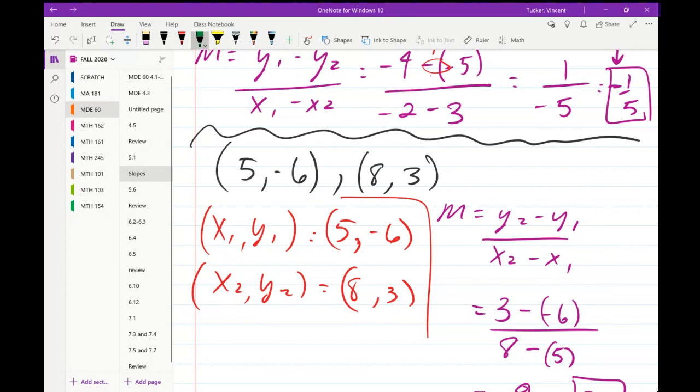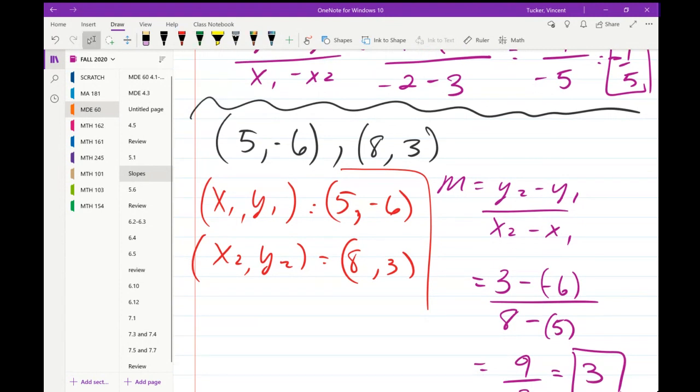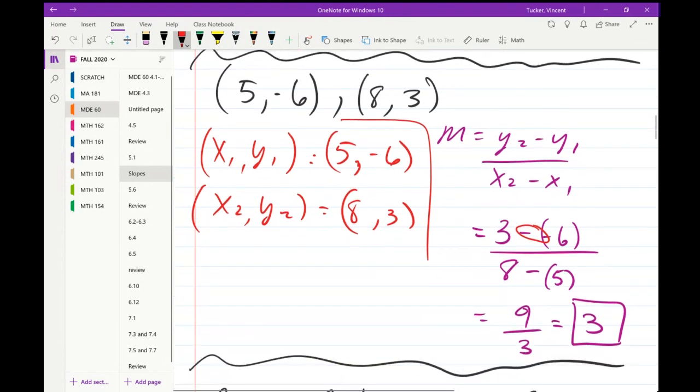So we have 3 minus -6 over 8 minus 5. Once again, that negative to a negative turns positive, so 3 plus 6 is 9. 8 minus 5 is 3. 9 divided by 3 is 3.